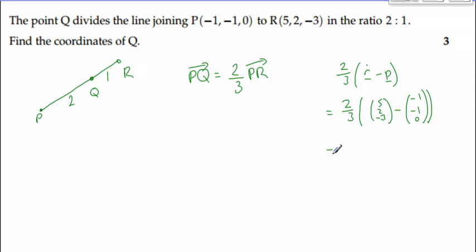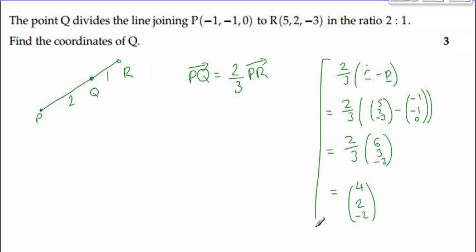So really what I'm doing is 2/3 of (6, 3, -3), which means 2/3 of that. 1/3 is (2, 1, -1), 2/3 is (4, 2, -2). So we know just from a straightforward vector calculation, not a Velcro calculation, that's something different, that PQ is equal to (4, 2, -2).